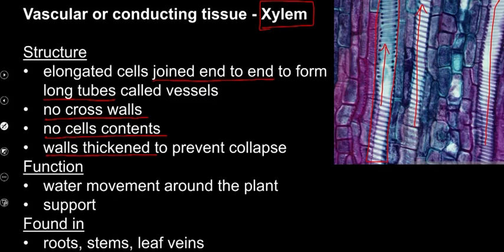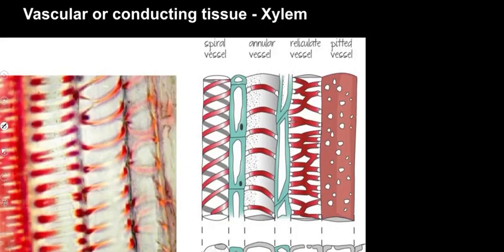So the main function is water movement, but because they have thickened walls, they also carry out the job of support. And they would be found in all parts of the plant, the roots to absorb, the stems to move up, and the leaf veins to take the water to the cells.